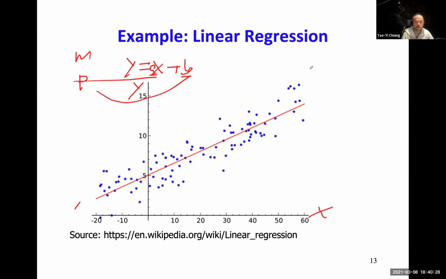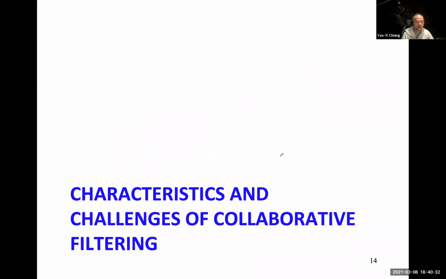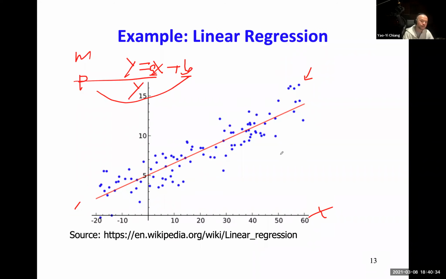Well, you take all your blue points. These are your observations, trying to find a straight line that will minimize the distance. Then you will be able to find a and b. So once you find a and b, for an x with an unknown y, you'll be able to use this line to make the prediction, right?